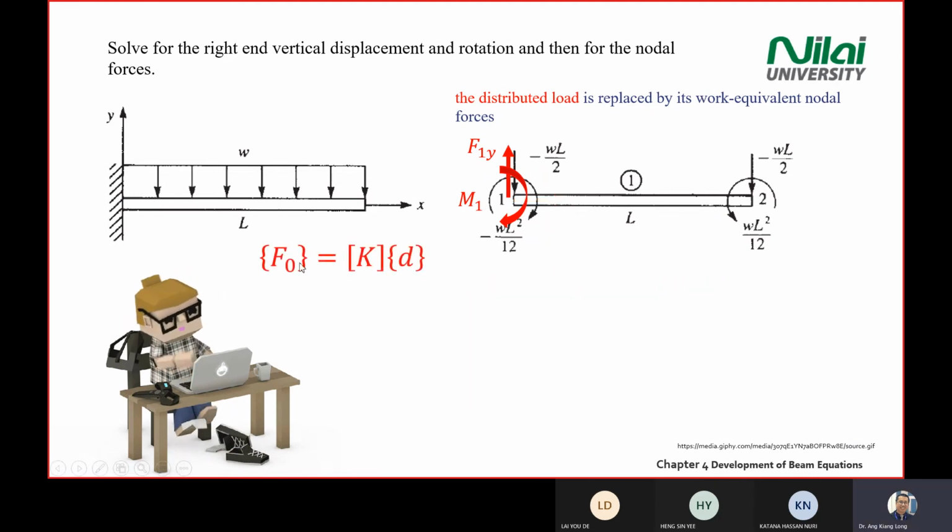So you write the equation F equal to KD, and in this case we are looking at the F0, which means we look at the nodal displacement for the beam.